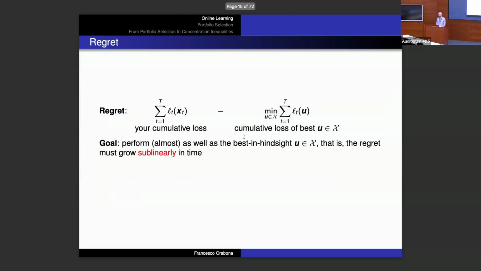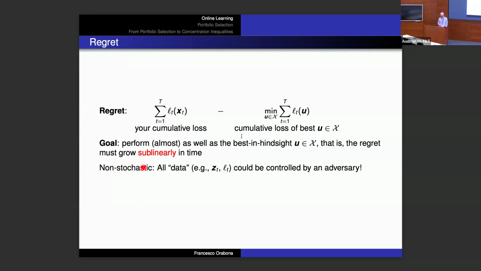For the rest of the talk, I will not assume that you have any additional input. So you don't have anything. In each time step, you just have to output this vector in your feasible set, and after your prediction, you receive the loss. So it means that your best is literally the best because your input is not changing. Yes.